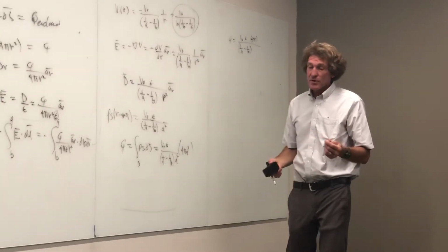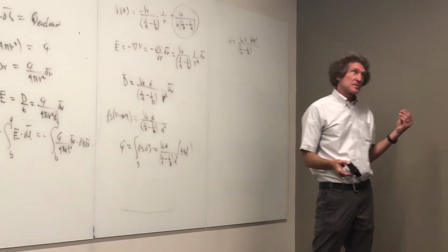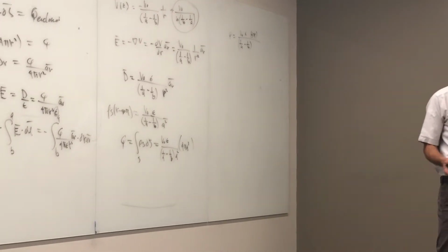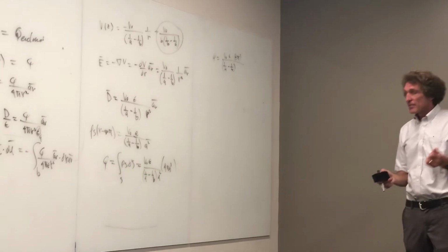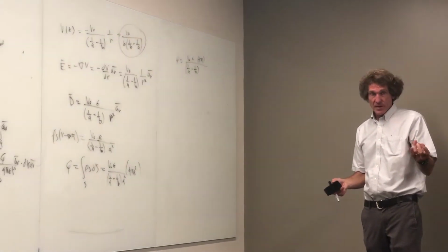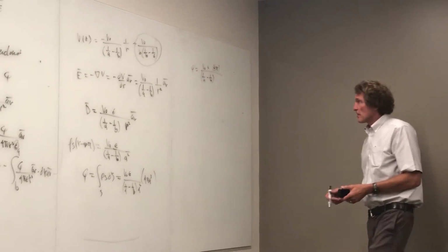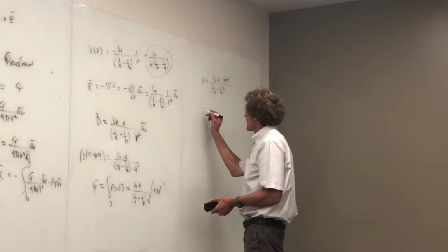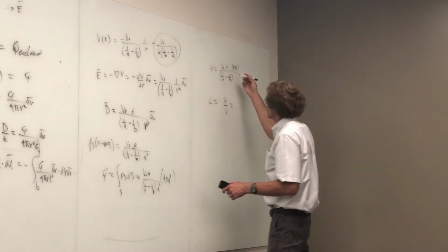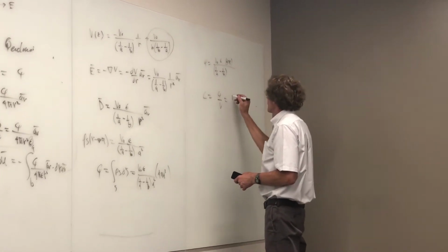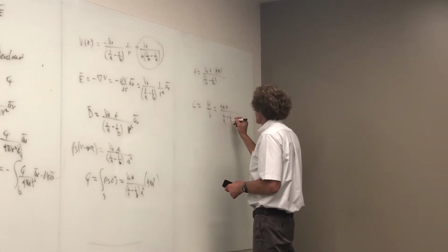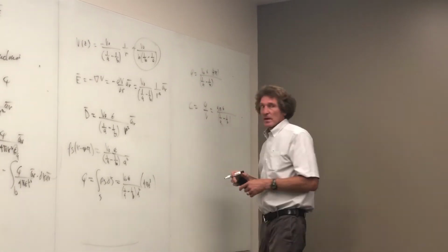Again, we didn't assume charge, get charge, get D, get E, and then get V. Here we assume V, then we got E, and then we got D, and then we got rho, and then we got Q. So now I have Q, and finally, what is the capacitance? Q over V, and you can see in that case, I simply get rid of the V, and I have 4 pi epsilon over 1 over A minus 1 over B. And that would be it.